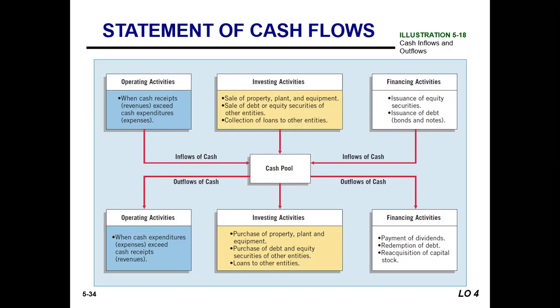Operating activities are just our normal day-to-day operations, earning revenues, paying expenses. There can be inflows or outflows of cash. When we earn revenue, for example, and the customer pays cash, that's an inflow. But when we use cash to pay expenses, that's an outflow, right?